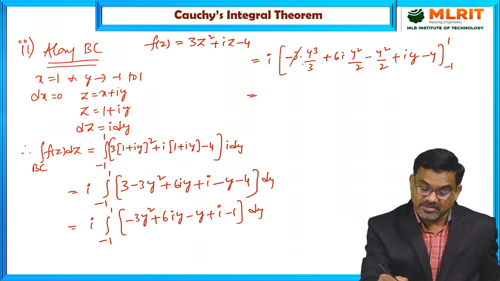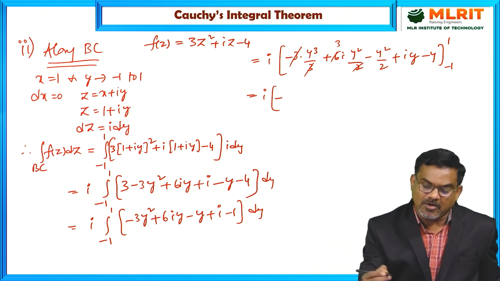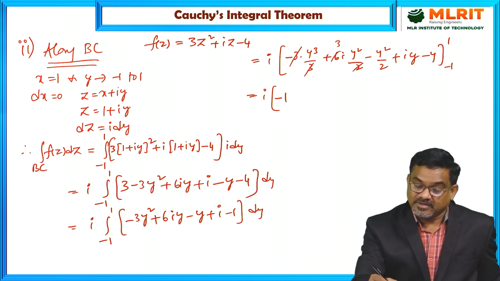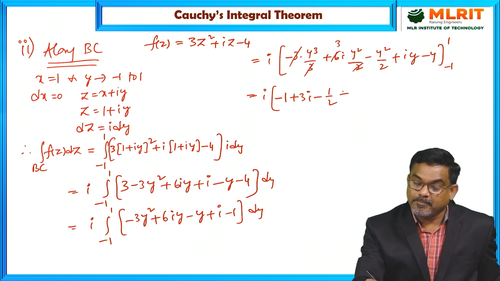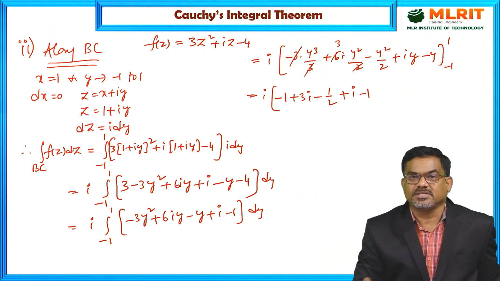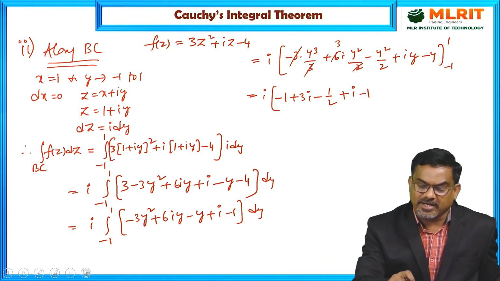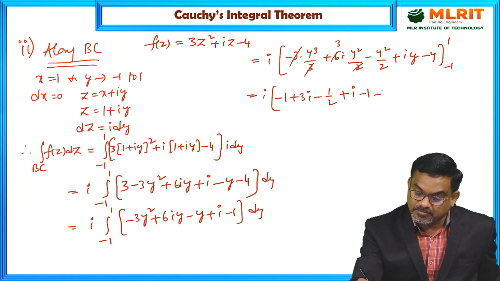So these two get cancelled, here 3 times, so i into, now the upper limit, already we have minus sign, and upper limit y is 1, so minus 1, and next here plus 3i, since y is 1, minus 1 by 2 plus i minus 1. This is for upper limit. Now for lower limit, we get one more negative sign. Already here we have minus, now one more negative sign, so that becomes plus, but the lower limit is a negative value, so minus 1 whole cube is minus 1.